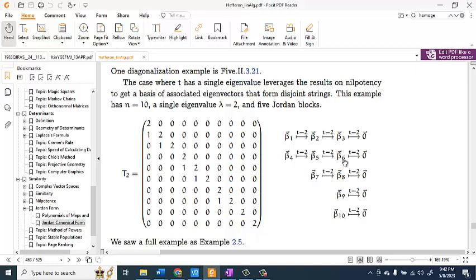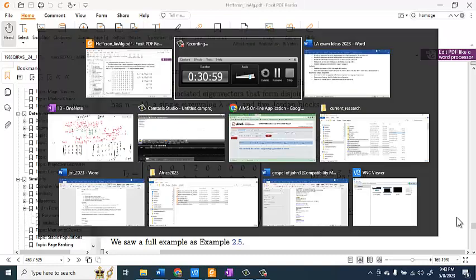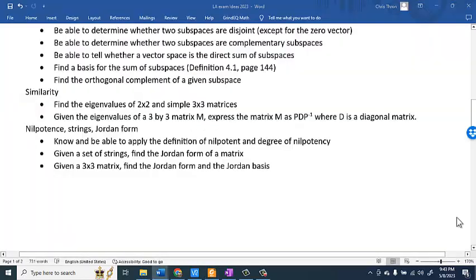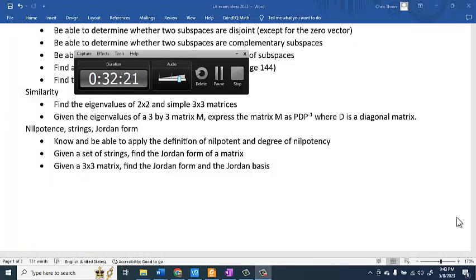The last vector in the string is always an eigenvector. Given a 3 by 3 matrix, find the Jordan form and the Jordan basis. I will make another video about that shortly.